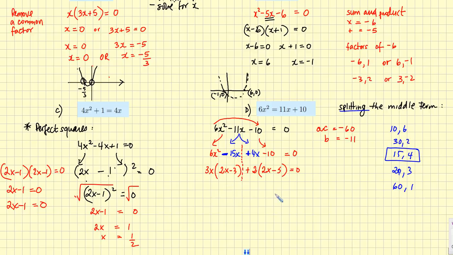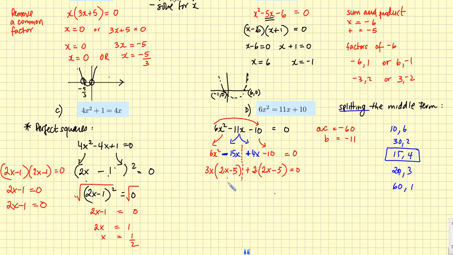the first one here, 3, when I remove a 3, it doesn't go to 3, but it goes to 5, so that it'll be 2x minus 5.